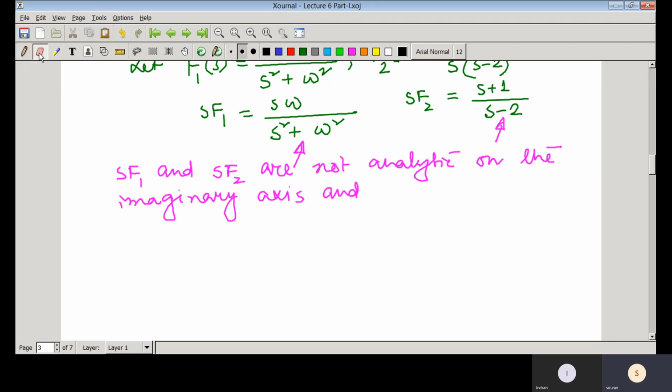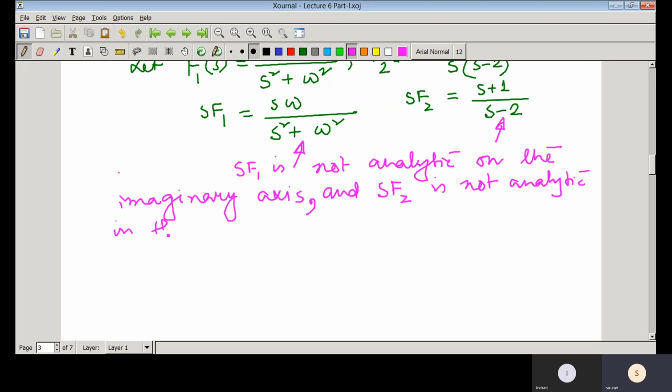So I think we can write it like this. Here we can say that sF1(s) is not analytic on the imaginary axis, and sF2(s) is not analytic in the right half of the s plane.